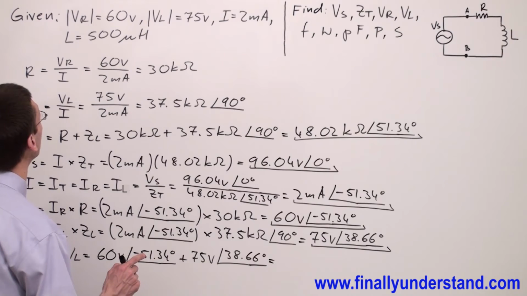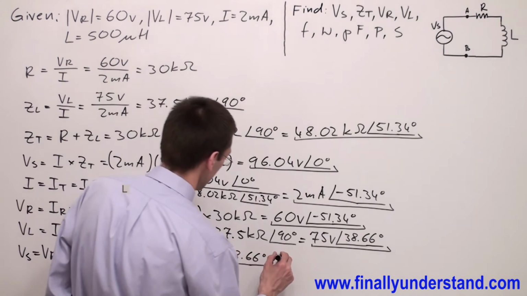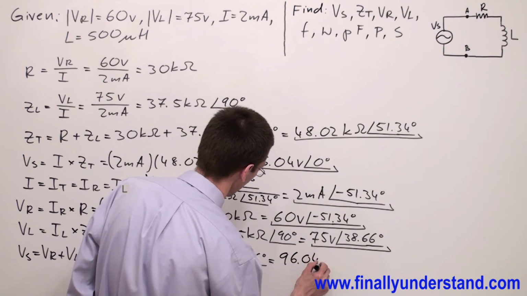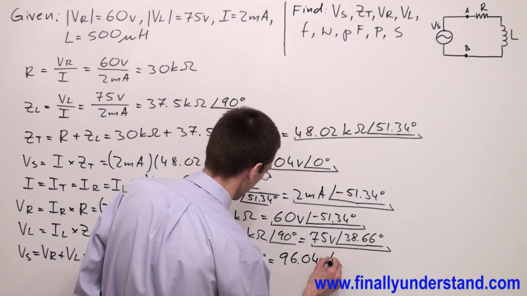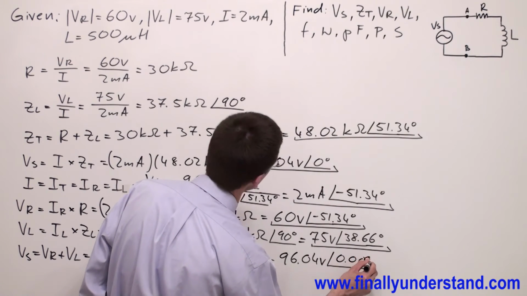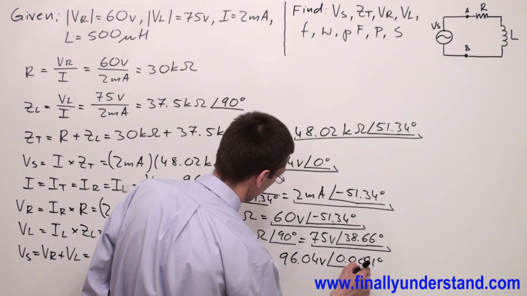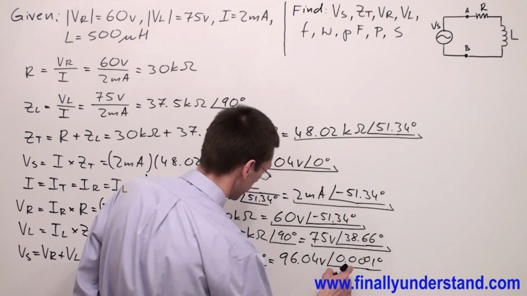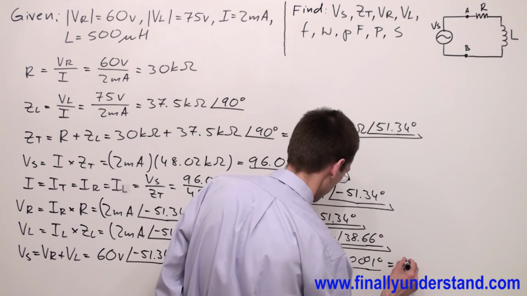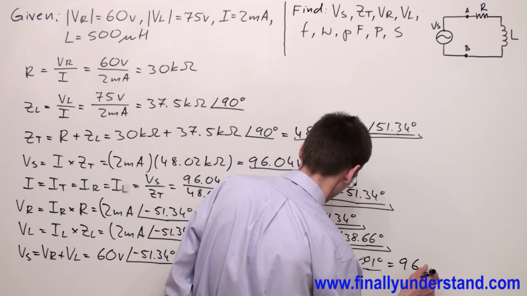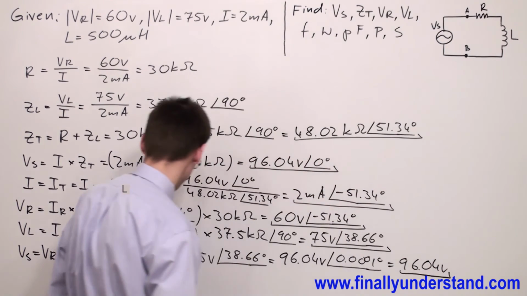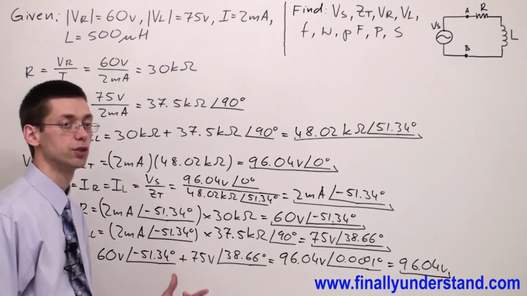This is equal to 96.04 volts and angle of 0.0001 degree. So we consider this as 0. So I have 96.04 volts.